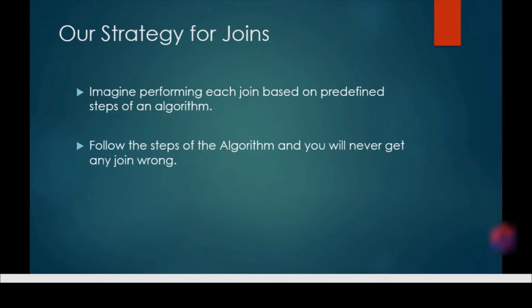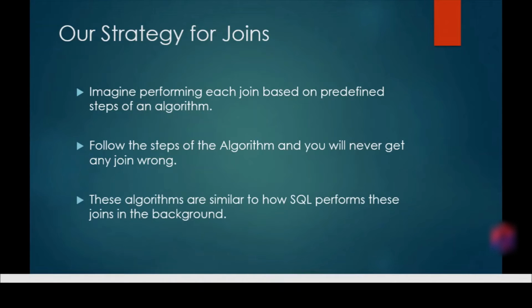Thus, if we follow these steps of the algorithm duly without diverting, I can guarantee you that you will be able to solve each type of join and use each join with more confidence. More importantly, these algorithms have been designed in such a way that they are pretty close to how SQL actually performs these joins in the background.